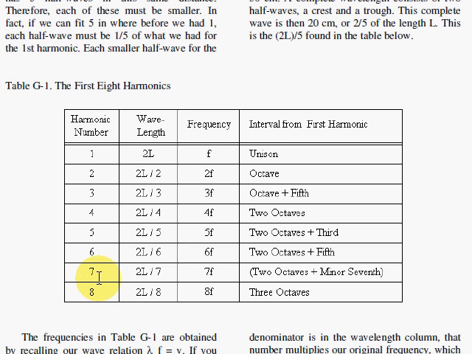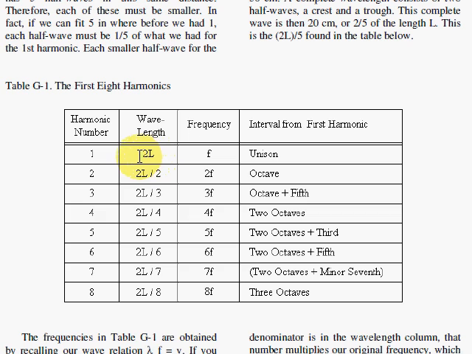And the 7th case would have the frequency 7f. So you can think of this as if n is this number, lowercase n is one of these numbers, then just take n times f, where f is the first one. So the frequency for the 73rd one, n is 73, the answer is 73f.